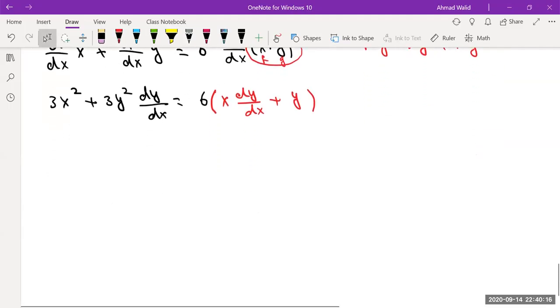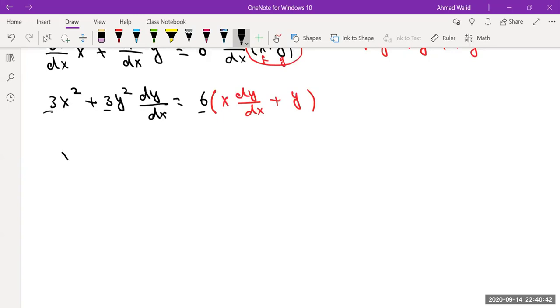Now, my next step is to solve this equation for dy dx. When you have good practice with algebra, you can even use some techniques to get rid of some numbers and make it smaller. You see, here you have 3, here you have 3, here you have 6. Can I divide everything first by 3?